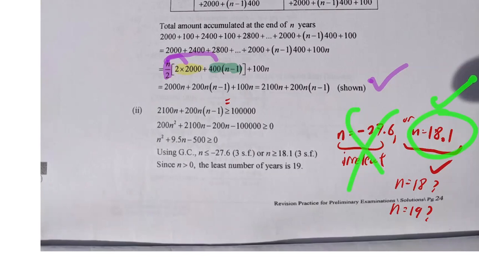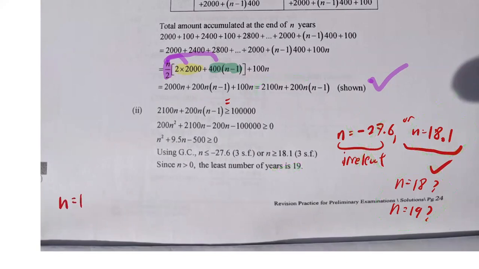So there's only two options now. You either round down or round up, 18 or 19. Which one is correct? I want the 18. 18? Well, with 18, you're not going to hit 100,000. You're only going to reach 99,000 something. How do you check?